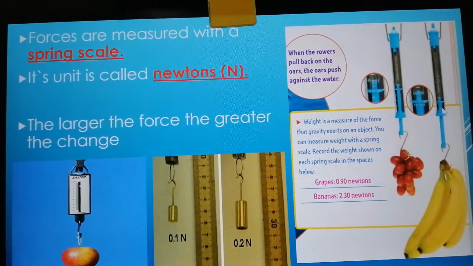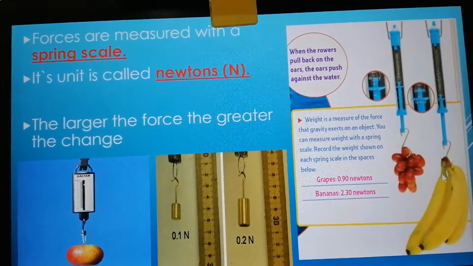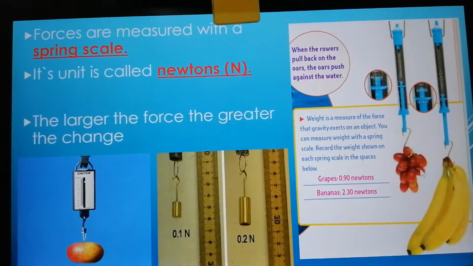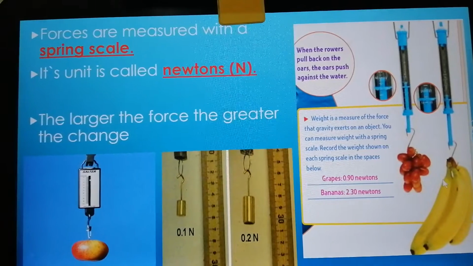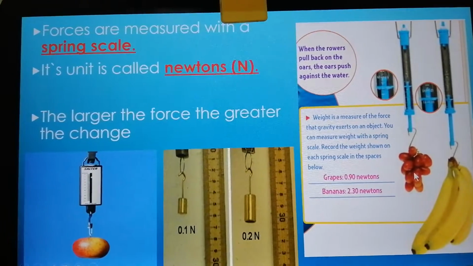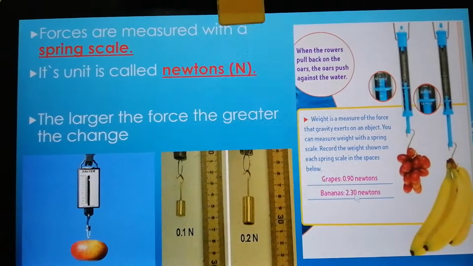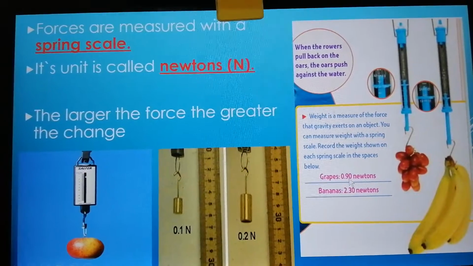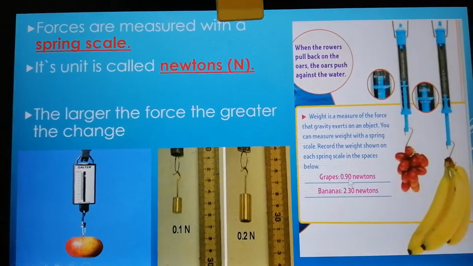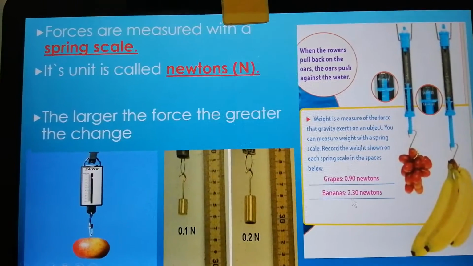Okay, so this means that the bananas are heavier than the grapes, or they have greater force than the grapes. The bananas are 2.30 newtons, while the grapes are 0.9 newtons. So which is greater? The bananas.